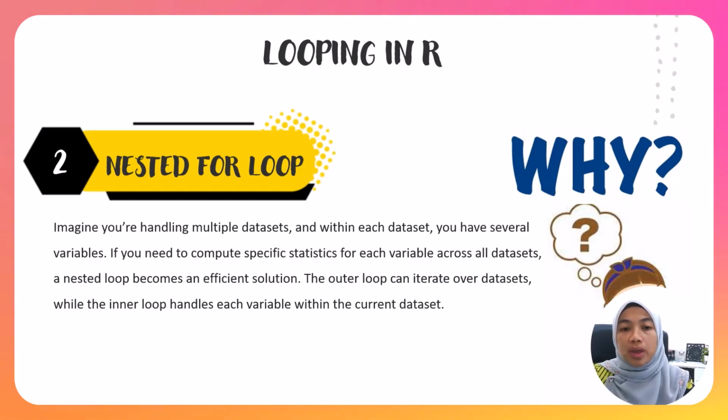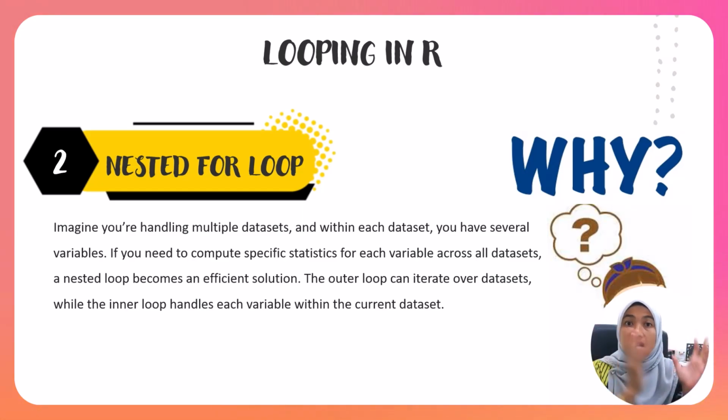Alright, the second type of looping is the nested for loop. Why do we use the nested loop? Imagine you need to handle multiple data sets, and within each data set you have several variables.